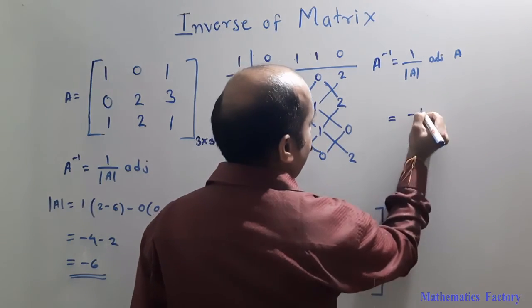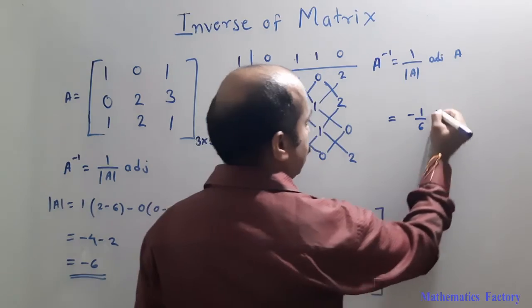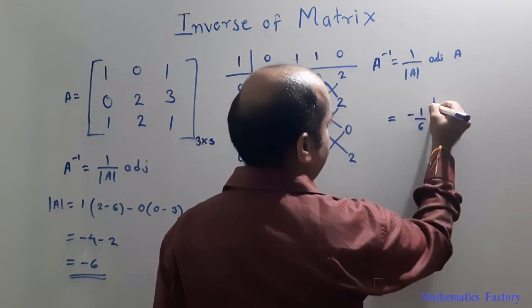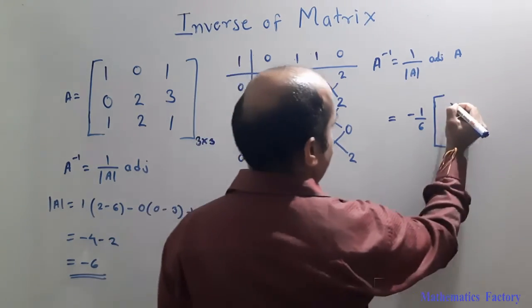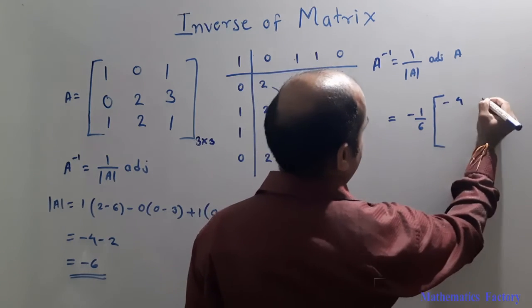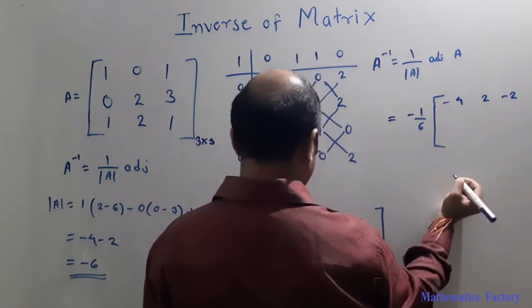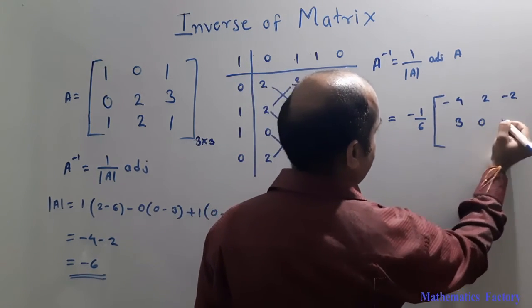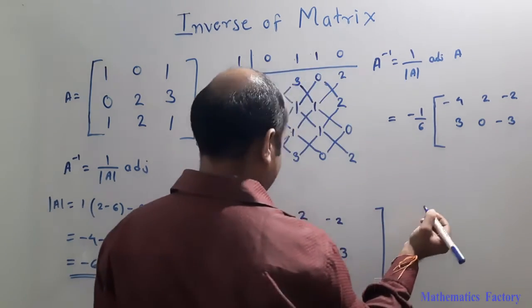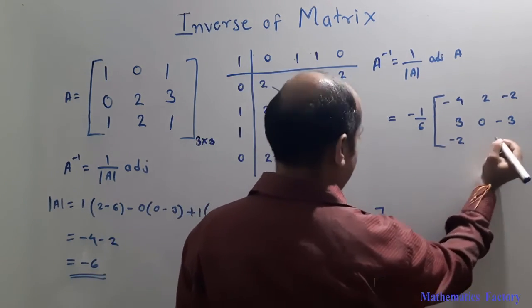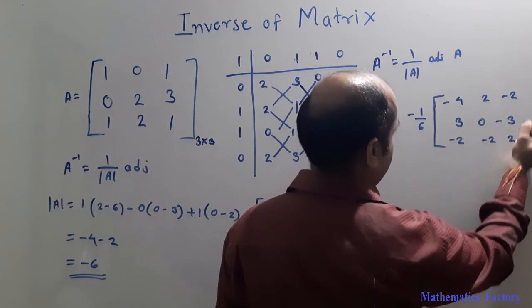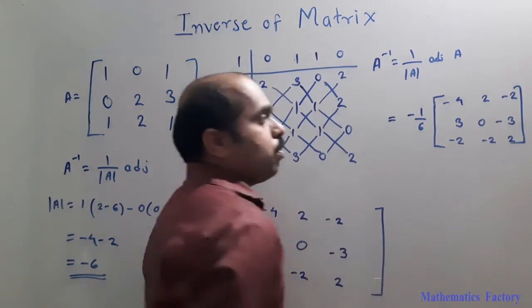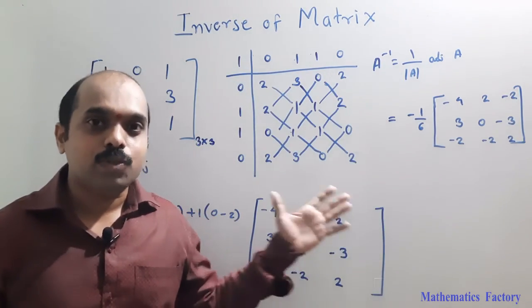So 1 upon minus 6 into the adjoint of the matrix, that is minus 4 2 minus 2, 3 0 minus 3, minus 2 minus 2 2, which is nothing but our inverse of the matrix. Likewise, you can find the inverse of any matrix in less than 1 minute.